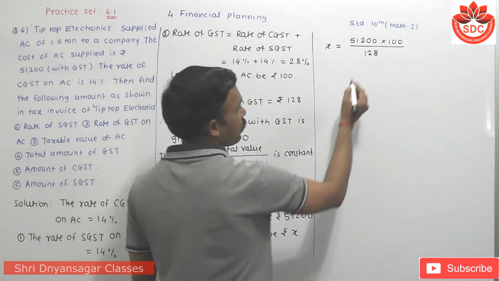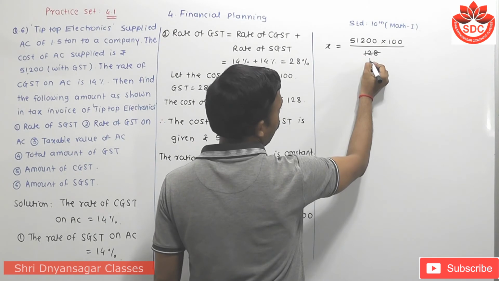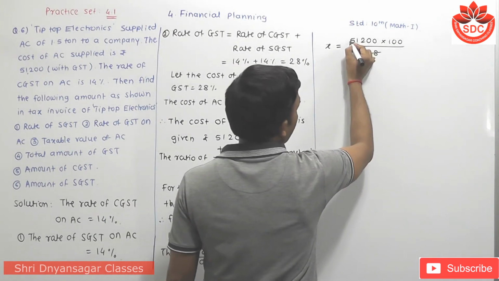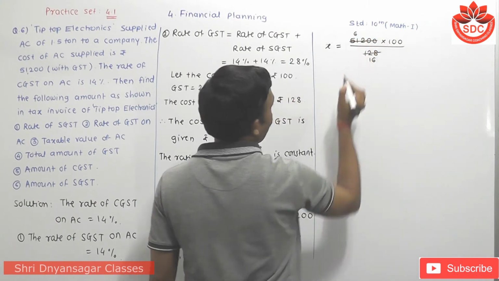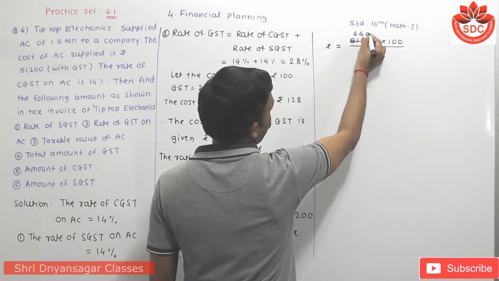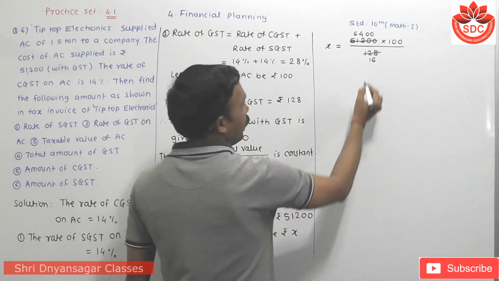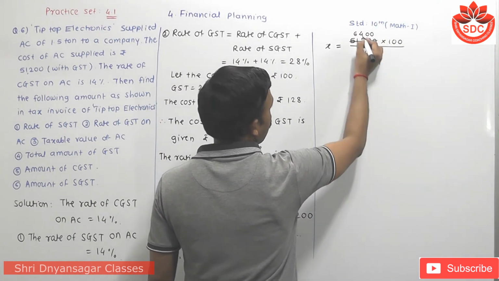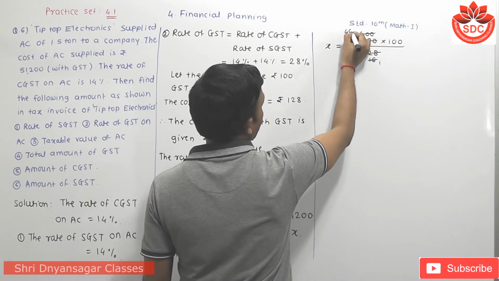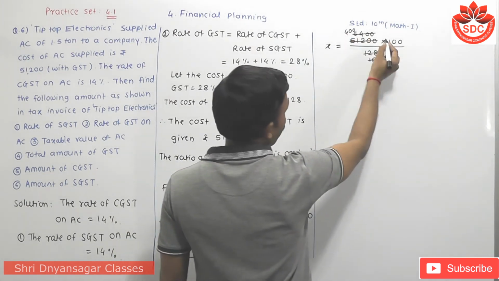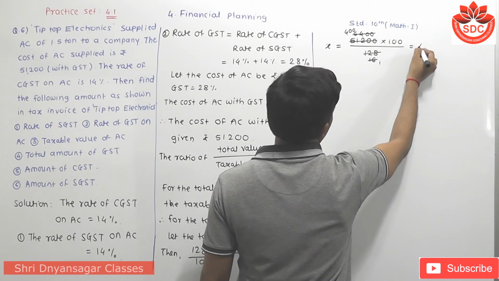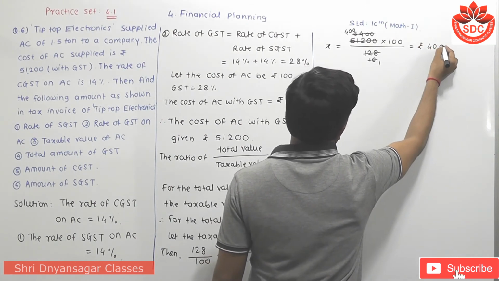Student, we have to simplify by using 8. 8 1 is 8, remaining is 4, 8 6 48, carry is 3, 32, 8 4 and then 2 0 as it is. Then 16 1 16, 16 4 64 and these 2 0. Then the product of this is 400 into 100 equals to rupees 40,000.